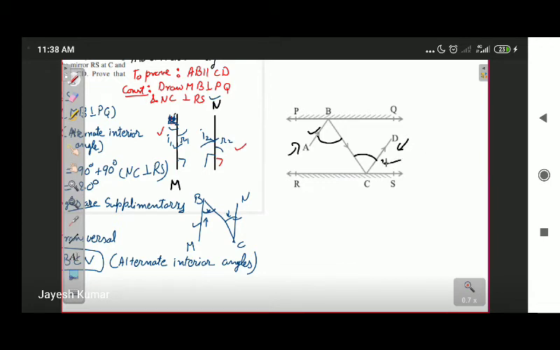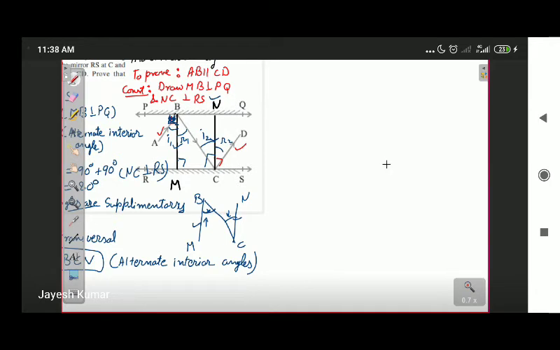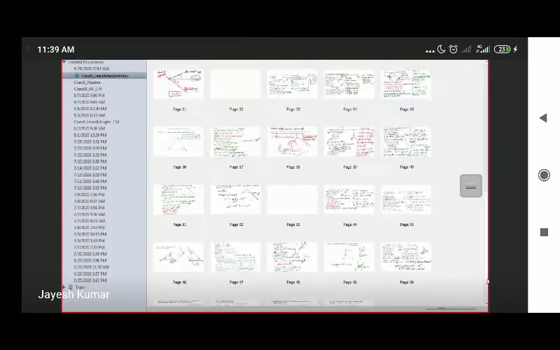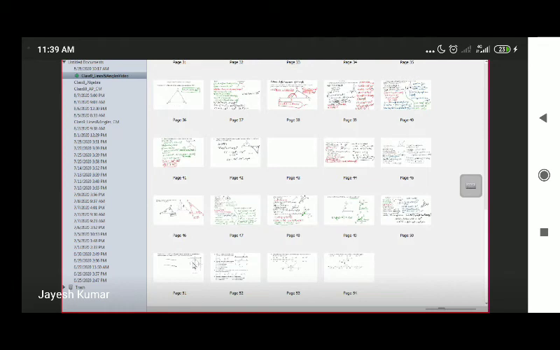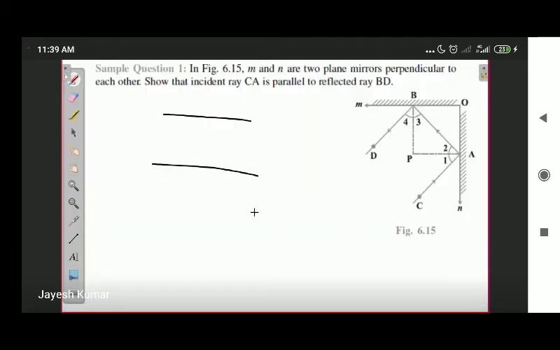That means the lines are parallel. Okay. So we use the properties of parallel lines in order to prove that incident ray as well as reflected ray are both parallel. Incident ray and reflected ray were both parallel.